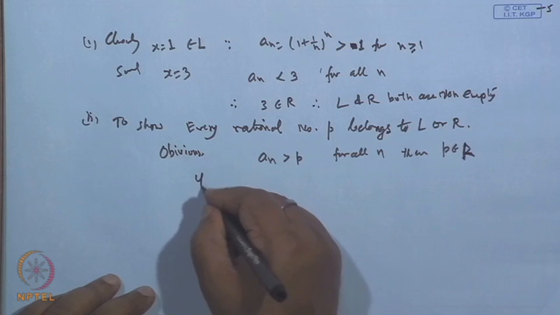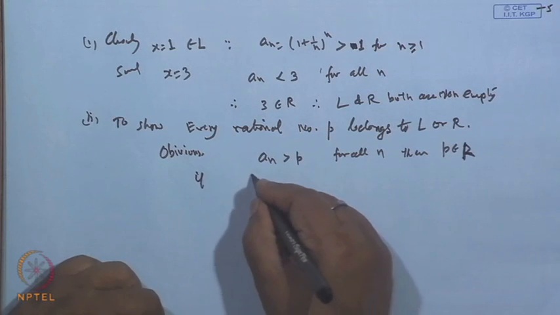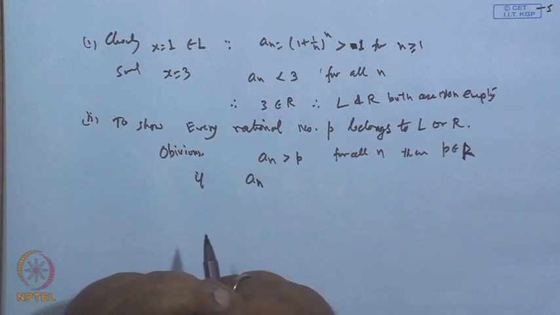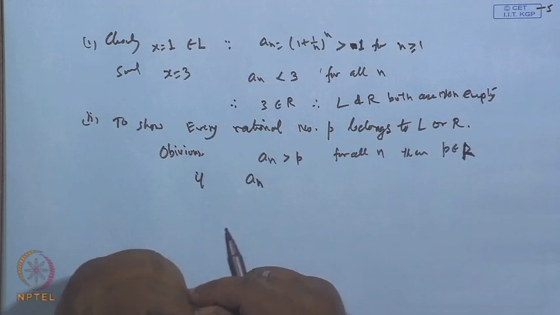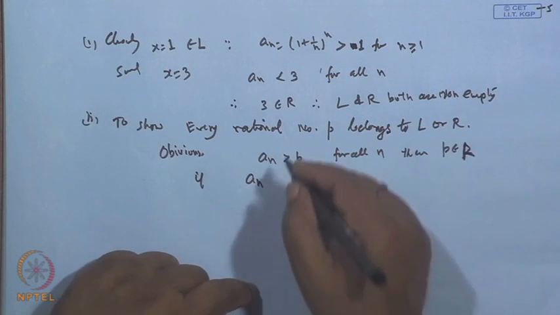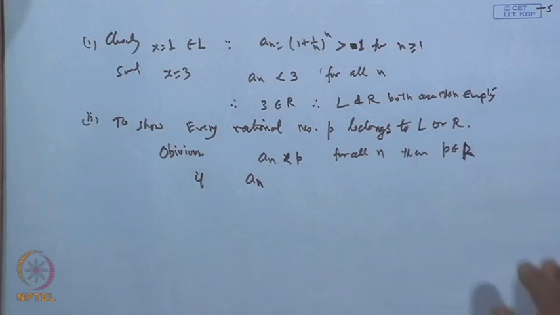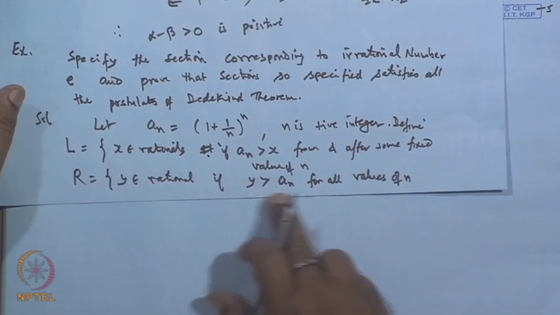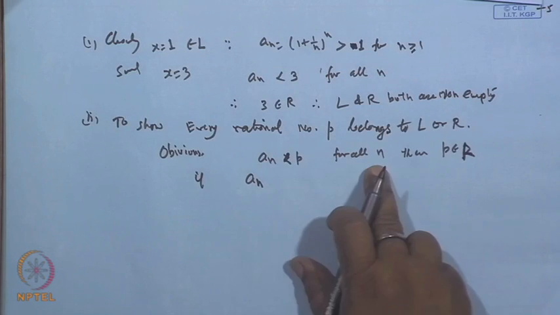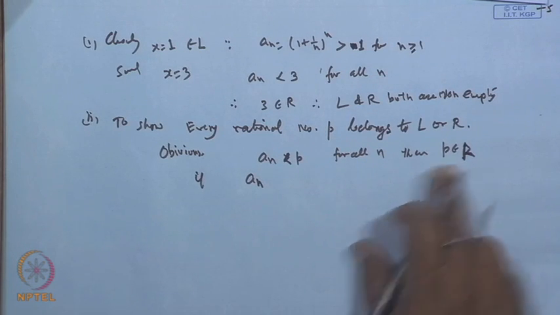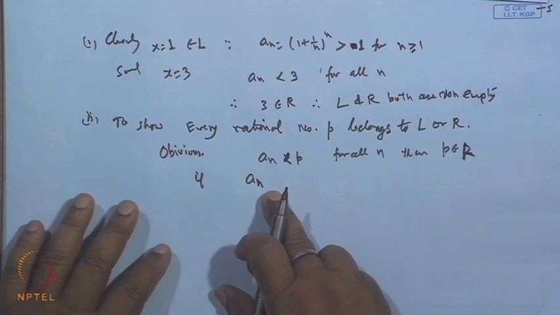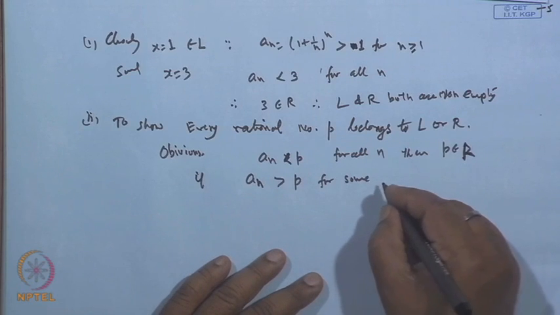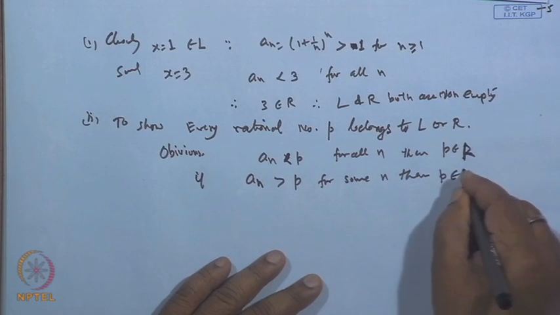And what was the upper class? p is greater than a n for all n. So, if a n is less than p for all n, then it is in the upper class, and if a n is greater than p for some n, then this p belongs to the lower class.